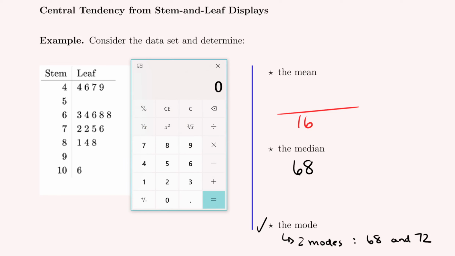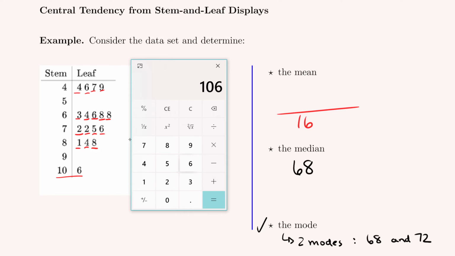Directly from the stem and leaf display, you would add all the values together. So starting from the lowest on, I see there's a 44 plus a 47 plus 49 plus 63 plus a 64, which we already added, now plus a 66, plus a 68, plus another 68, now plus a 72, then plus another 72, then plus a 75, plus a 76, plus 81, plus 84, plus 88, and then finally plus 106.